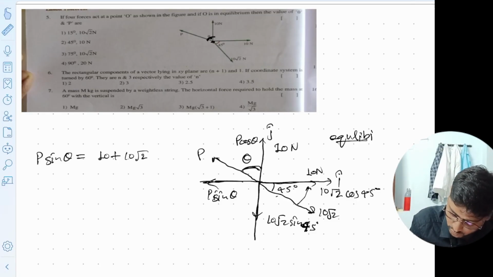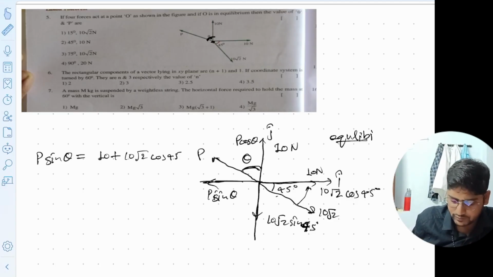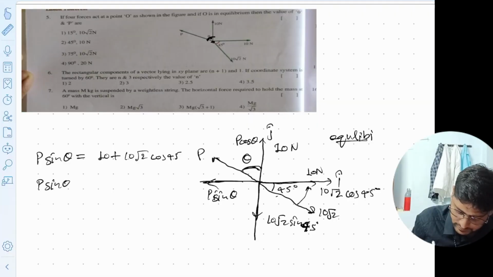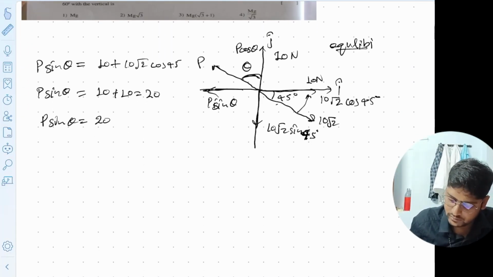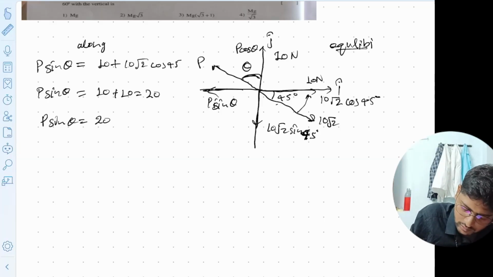Cos 45 is 1 by root 2, root 2 cancels, so 10 plus 10 is 20, which means P sin theta equals 20. Okay, we have calculated along i cap.